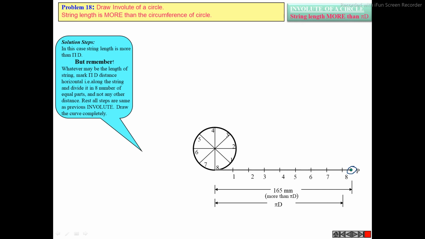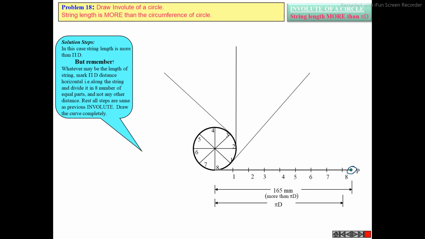Now we have to draw the tangent from point 1, 2, 3, 4, 5, 6, 7, 8 present in the circle. So draw an infinitely long tangent line from point 1, from point 2, from point 3.